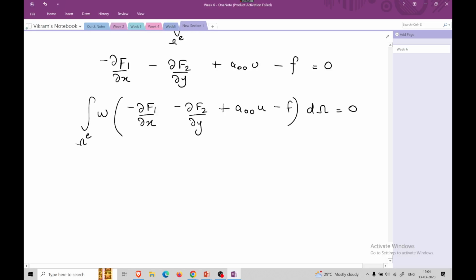So d omega is nothing but integrating over the domain. In our case d omega is nothing but dx dy, since there are two coordinates, and this represents the element, the infinitesimal area.